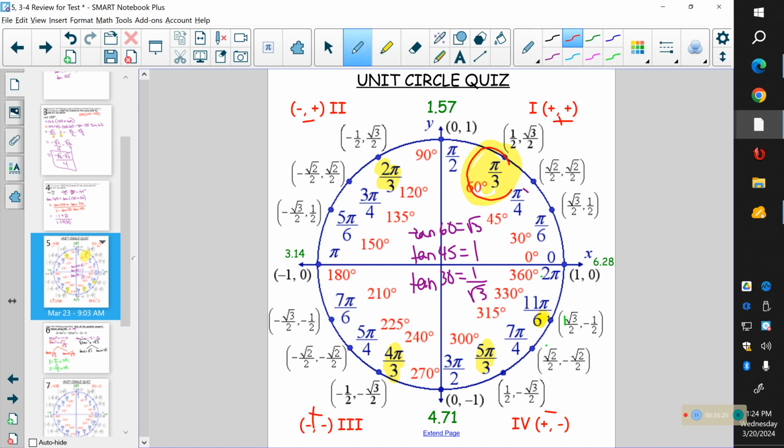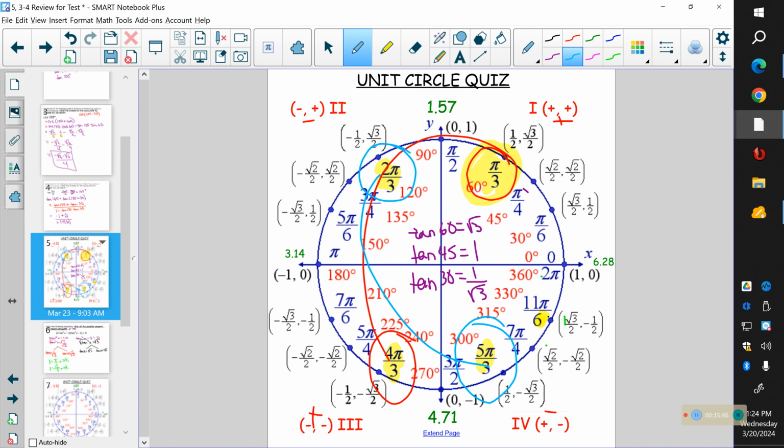Okay, but again, remember, we need to think in semicircles. So if I am right here at pi over 3 and I add a semicircle to that, that puts me at 4 pi over 3, right? If I go to quad 2 and I start at 2 pi over 3 and I add a semicircle to that, where does that land me? 5 pi over 3. Does that make sense?